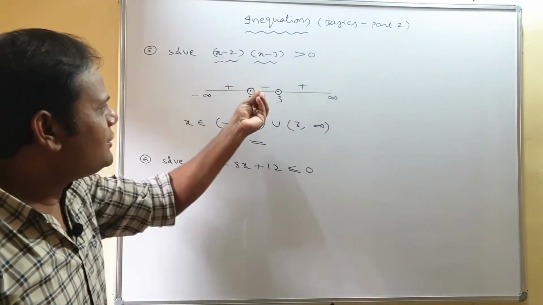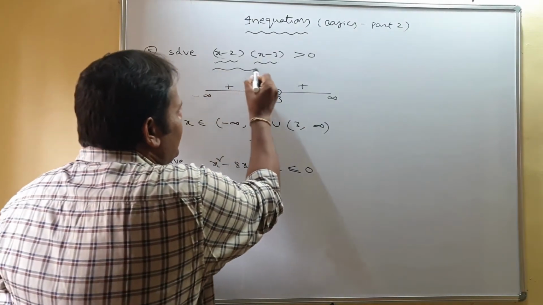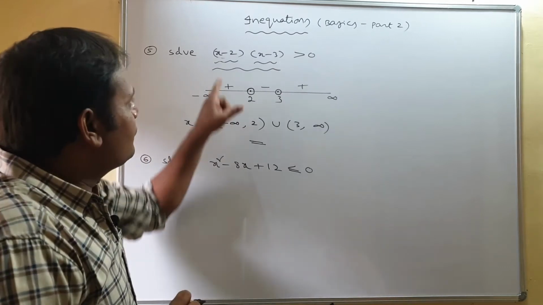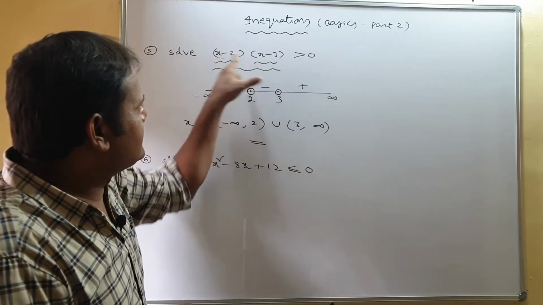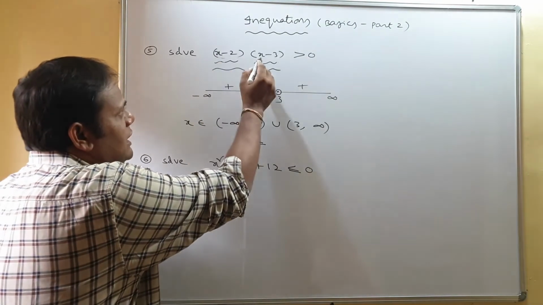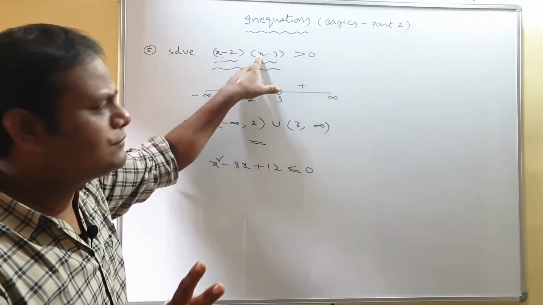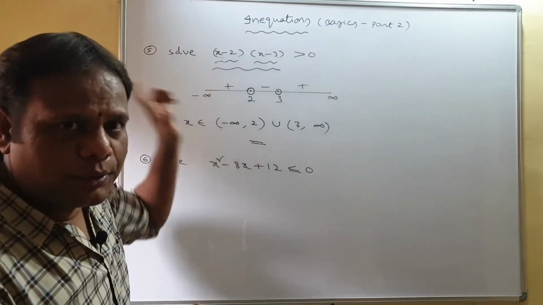Here you remember one point. For this type of inequations, first you observe all the x coefficients. If x coefficients are positive, see here x coefficient 1 positive, here x coefficient 1 positive.